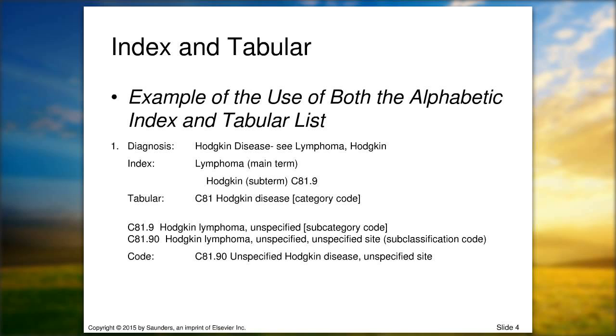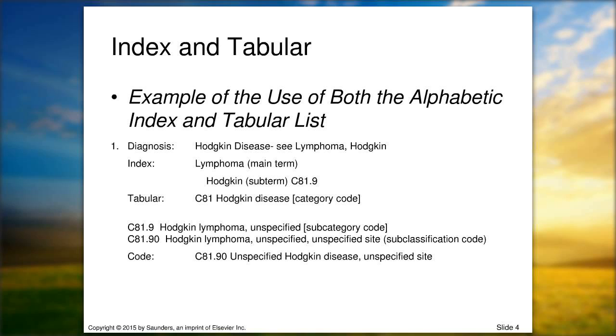C81 is in a red-black box, and if you look at the legend at the bottom of the page, C81 in red tells us that we need to add 4th through 7th digits. And C81 is Hodgkin lymphoma. Then we have a definition of it, and then we have an excludes.